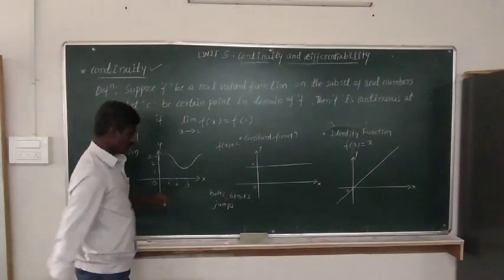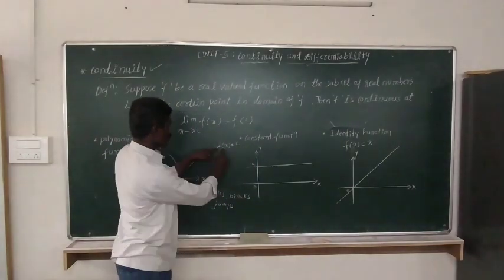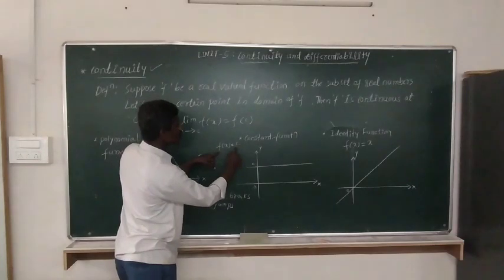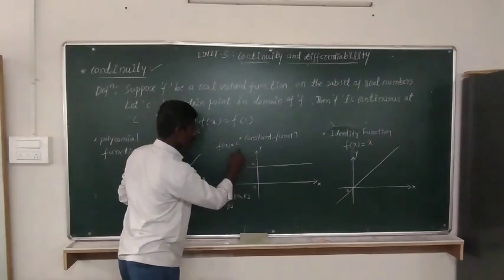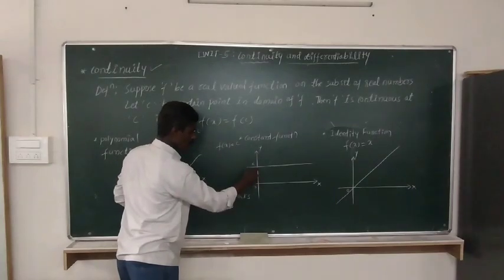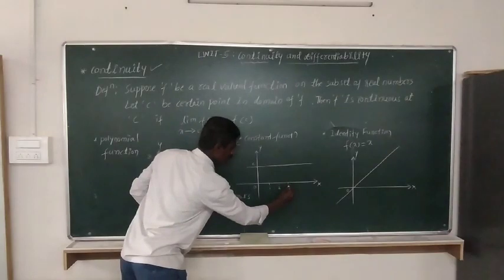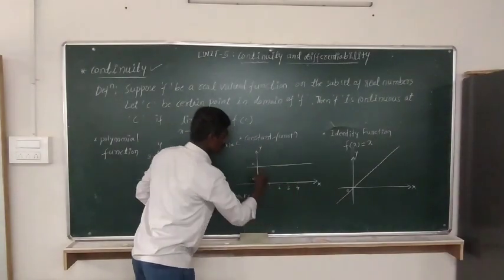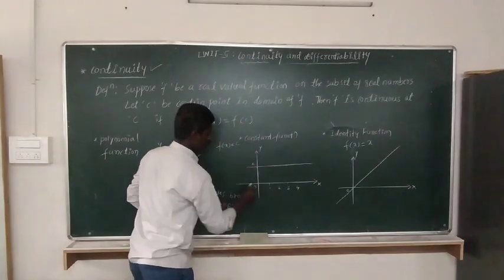Now, see here another function, that is the constant function. Constant function means f of x is equal to c, where c is a constant, the value of y. For any value of x in the domain, the value of y remains the same, that is c.